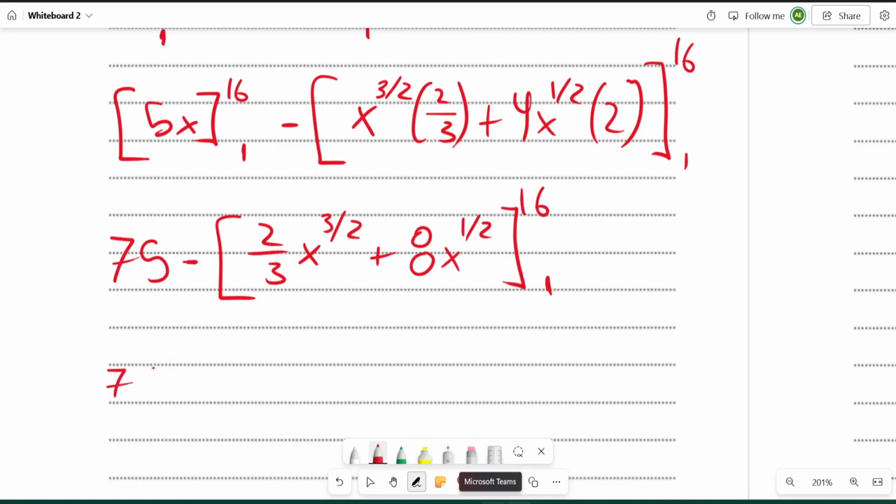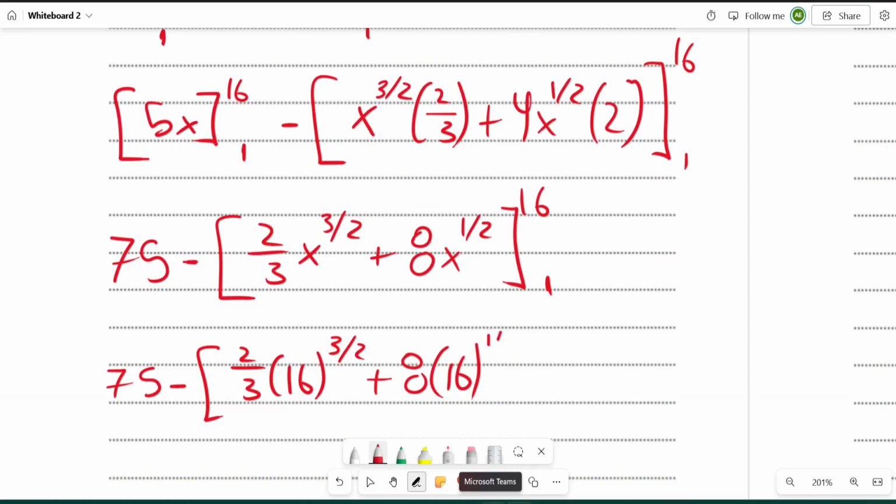So this is 75 minus, 2/3 into 16^(3/2) plus 8 into 16^(1/2), minus, substituting the lower bound, 2/3 times 1 plus 8 times 1.